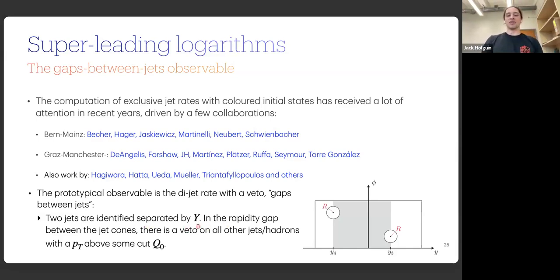So the jets are separated by some rapidity, y, and there is a cut, which we call Q0, which the KT in that rapidity gap between the jets has to be less than.